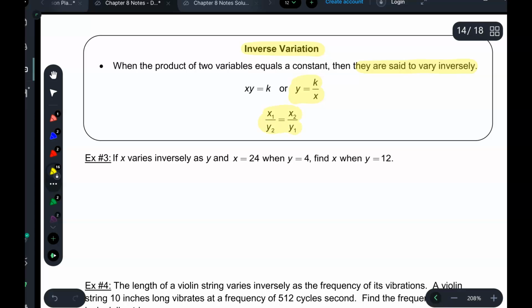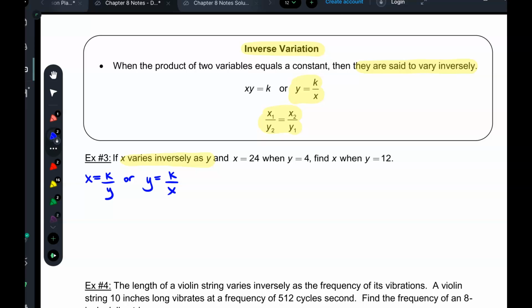Here it is as a proportion. Here x varies inversely as y. So I can write it x equals k over y or y equals k over x. It doesn't matter. You'll get the same result.